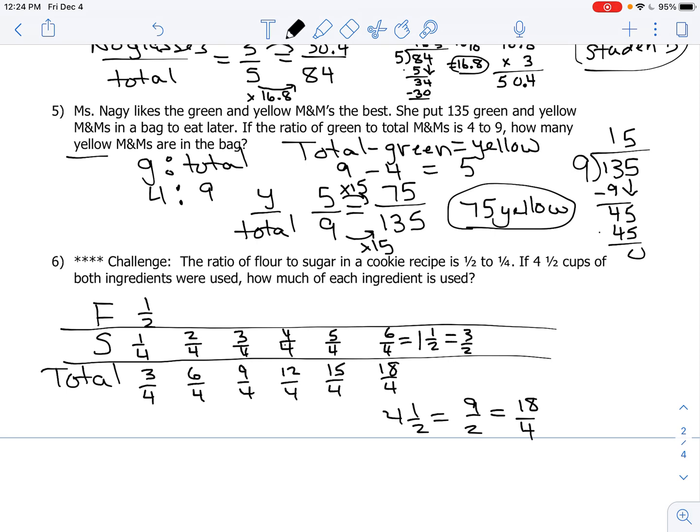All right, and then for the flour, I'm going to skip count by 1/2. So 1, 1½, 2, 2½, and then finally to 3. So we have 3 cups of flour and 1½ cups of sugar.